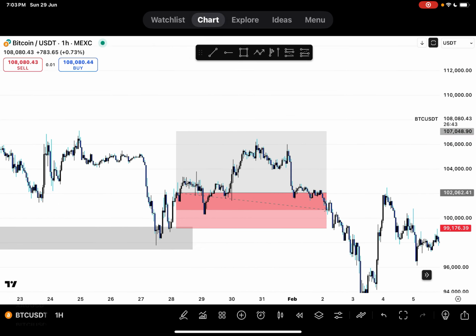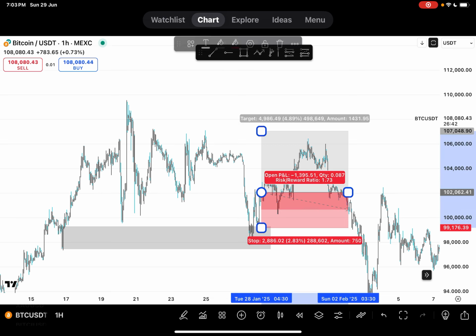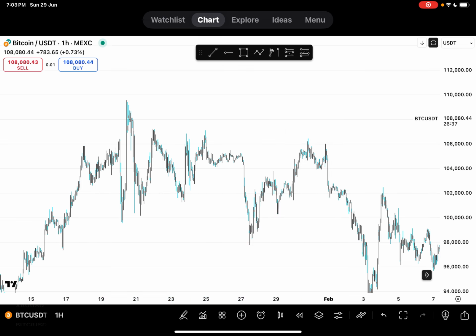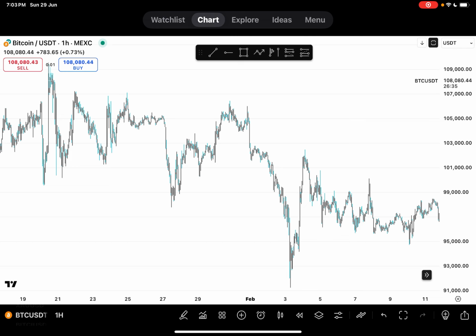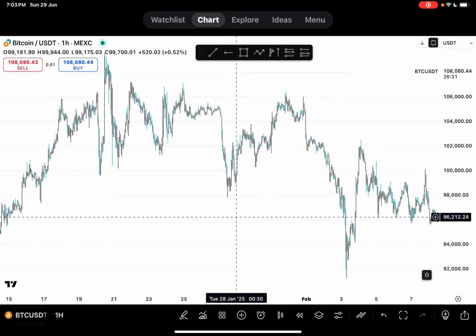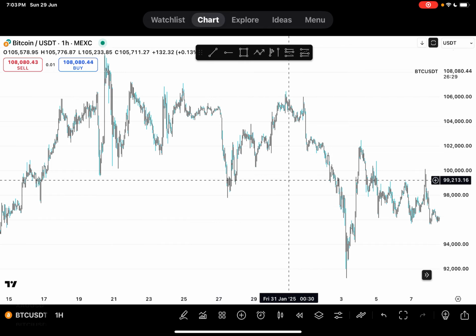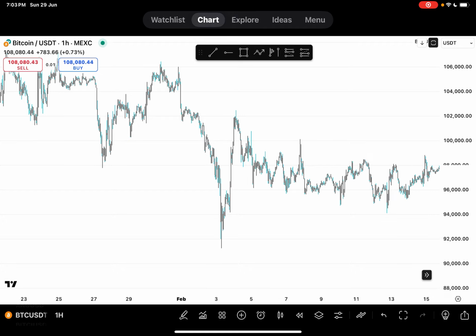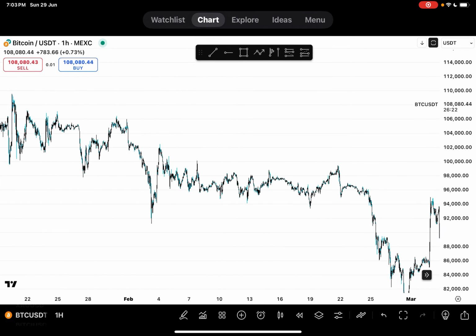Although you got stopped out, this is how this pattern works. Also, there's no strategy with 100% accuracy, right? You're going to get stopped out, but this pattern was a very good example. And if I get to trade this pattern, I'm going to trade it 10 out of 10 times, right? Now let's see another example.